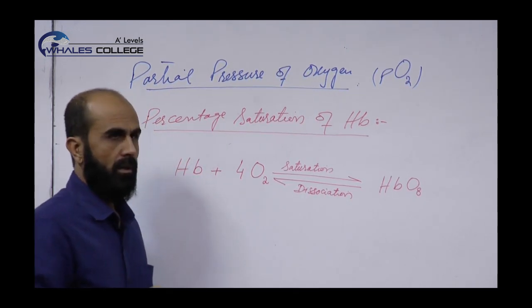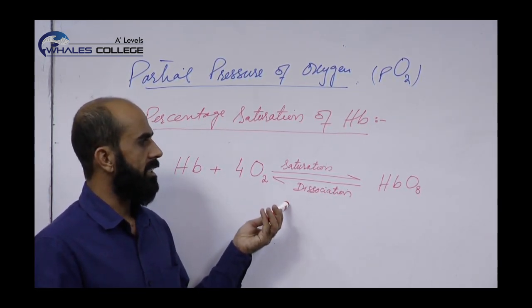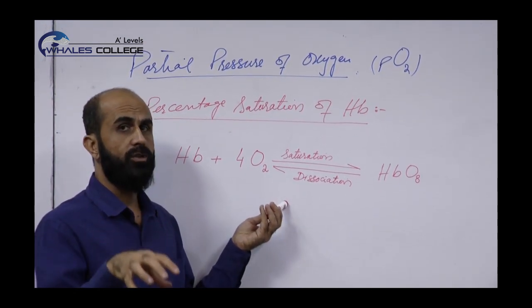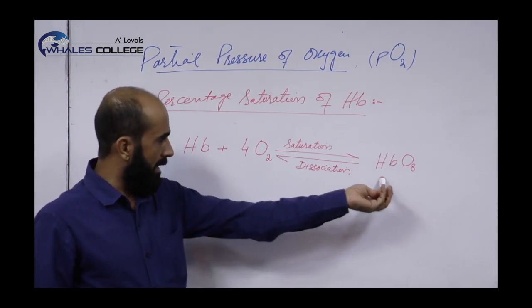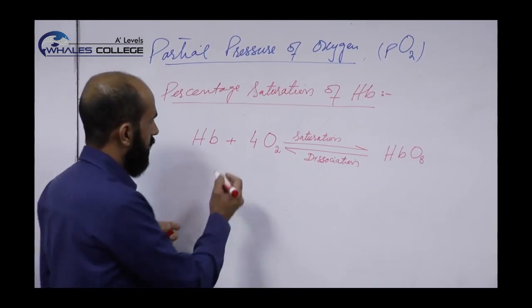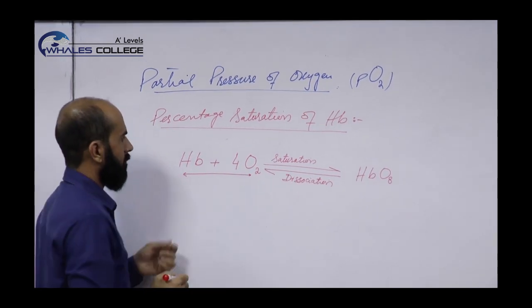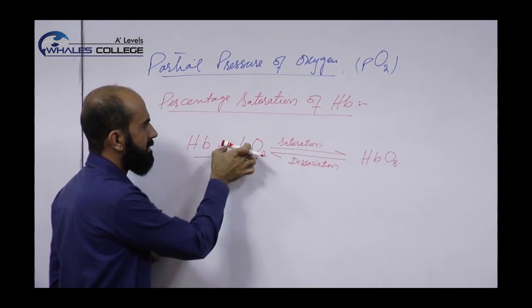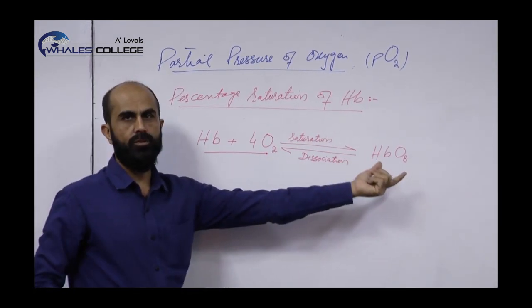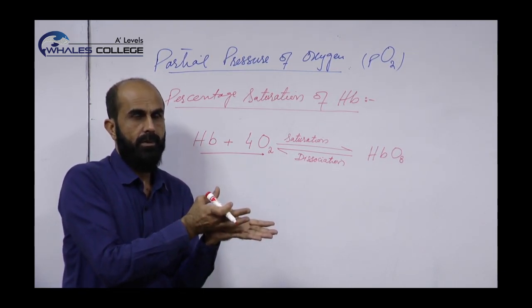Dissociation. So for a transporting molecule, it is very important that it possesses both of these two features: loading of oxygen and then unloading of oxygen. This reaction happens initially, with hemoglobin as a reactant in the lungs to get oxygen, in the pulmonary artery.